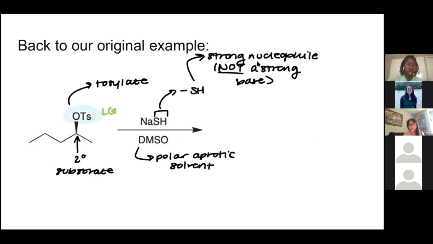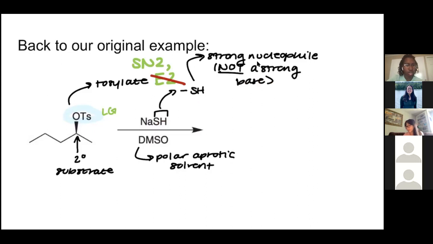All right, thank you for everyone DMing me. There's SN2. Remember, when we have an SN2 reaction, we often have an E2 accompanying it. In this case, we are not going to have an E2 because this SH minus is not a great base. We want a good base for an E2.